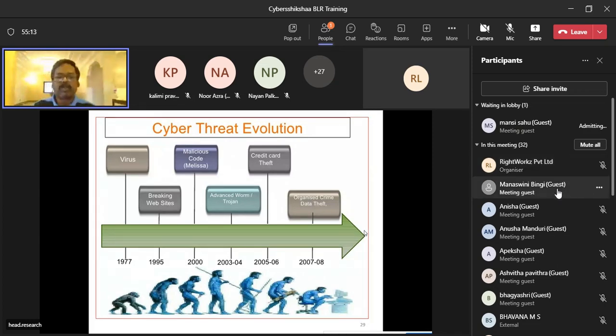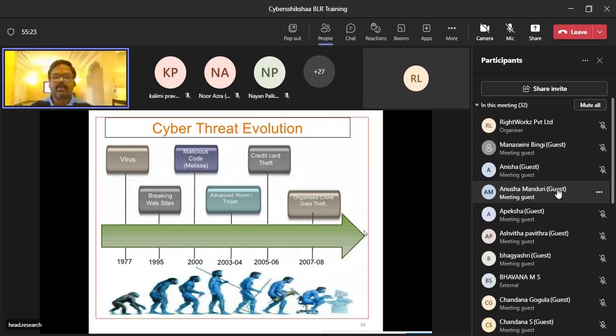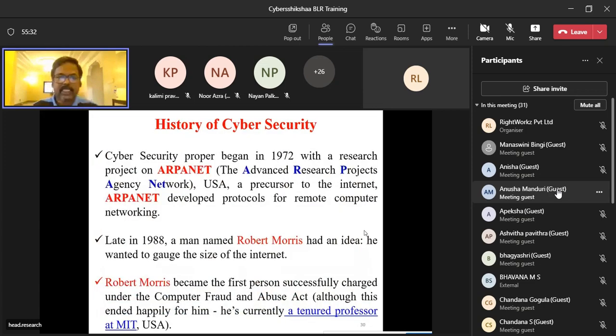In 2003 to 2004, advanced worms and Trojan viruses were detected. Then credit card theft happened in 2005 and 2006. Organized crime data theft in 2007 and 2008. This is the history of cyber security.